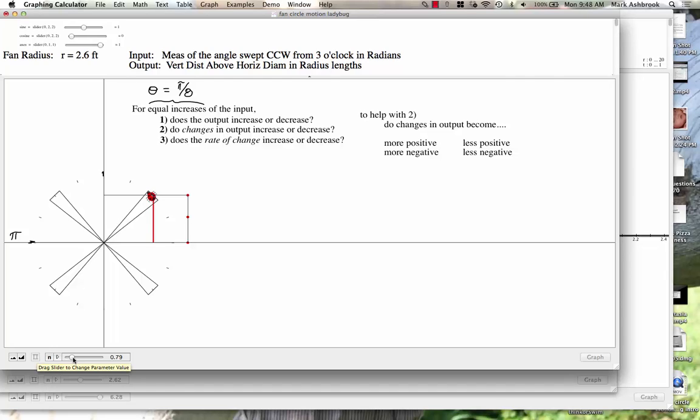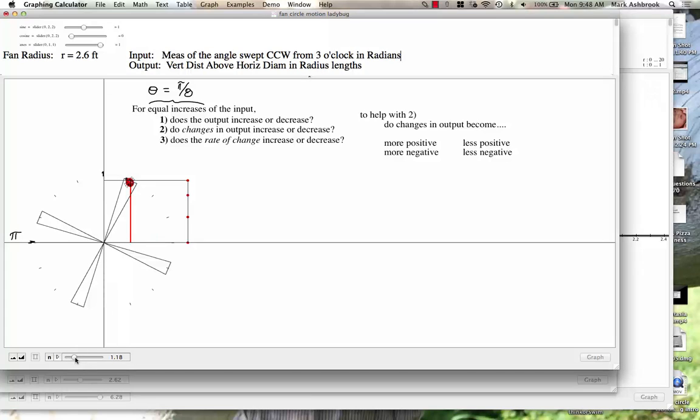Okay, so that change is positive. Is it more or less positive than the previous change? More positive. Agreed? All right, next change. Positive or negative change? Positive change. Is it more or less positive than the previous change?